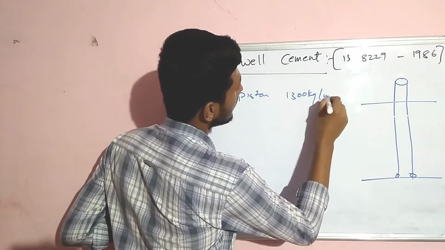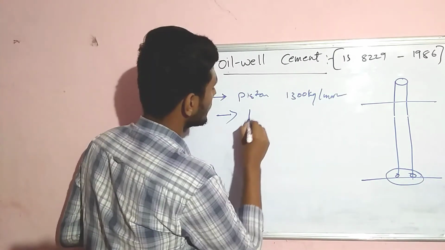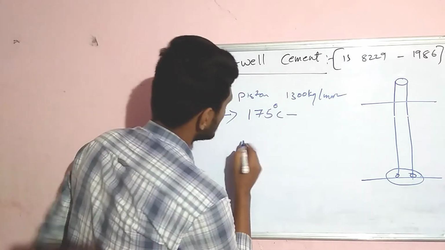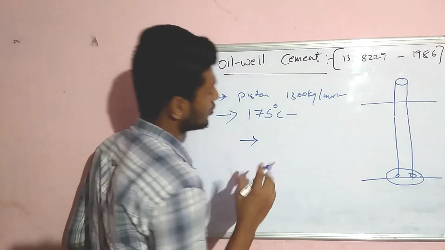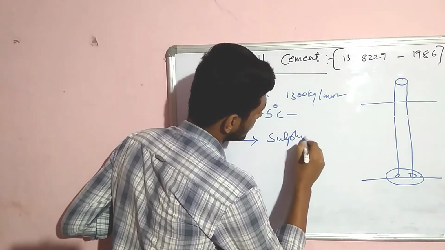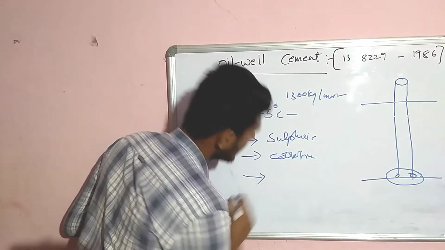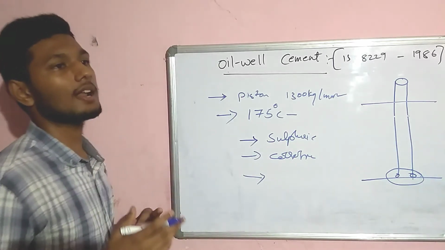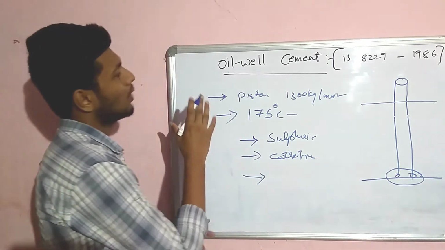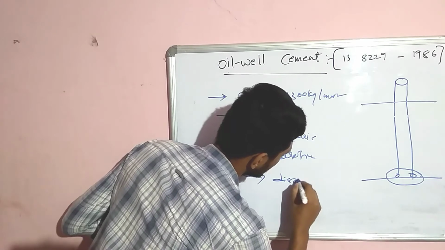1300 kg per mm square, and the temperature may be 175 degrees. And oil well cement has a resistance to sulfuric attack and corrosion attack, and if some dissolved salts attack such areas, oil well cements are used to resist those dissolved salts.